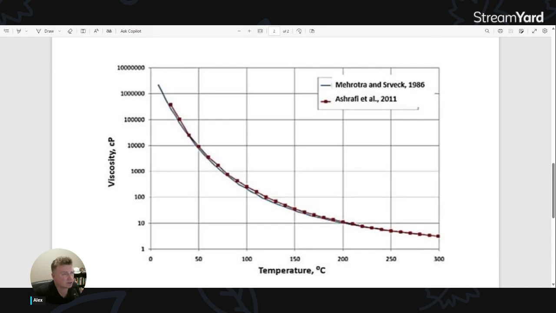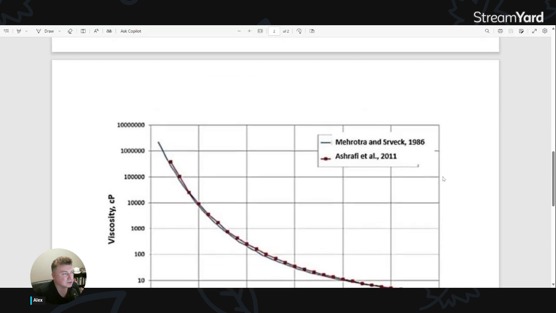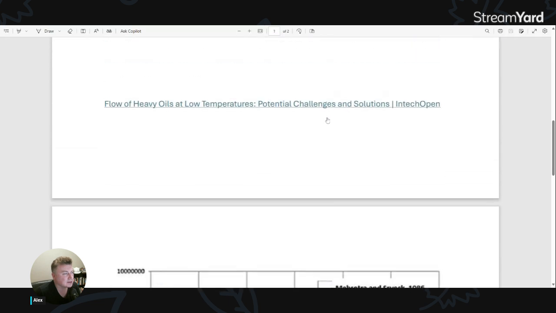So here's a chart from the Malhotra and Sverchik 1986 study on viscosity reduction as a function of temperature increase, and the Ashrafi et al. 2011 study. I took this study from a website called Flow of Heavy Oils at Low Temperatures: Potential Challenges and Solutions by IntechOpen.